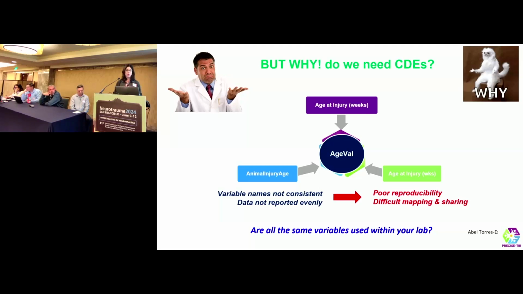If you were trying to have a computer find all these, sure, you could train it to find the word age, but they're all different formats, different spacings and things like that. Go back to your labs after neurotrauma and ask to see some of the data sheets from a couple of years ago and see what variables your lab used, because it'll be very eye-opening.